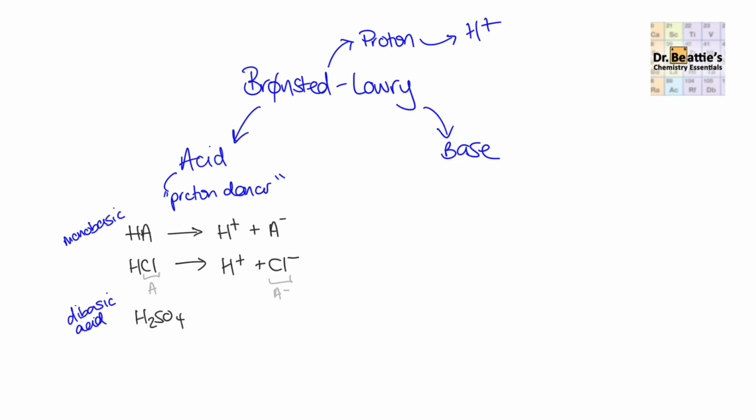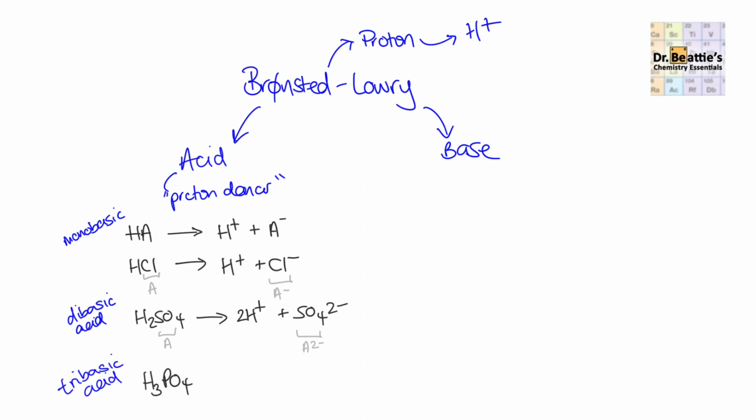An example is sulfuric acid, which has two hydrogens that can dissociate as protons, leaving behind a sulfate ion. The rest of the molecule here is the sulfate, which becomes A2-, and remember the charge on the right-hand side, two lots of H+ and 2-, collectively is neutral, which has to match the neutrality of the left-hand side.